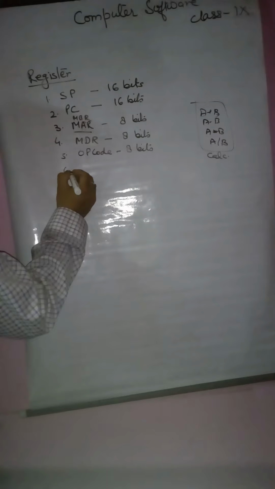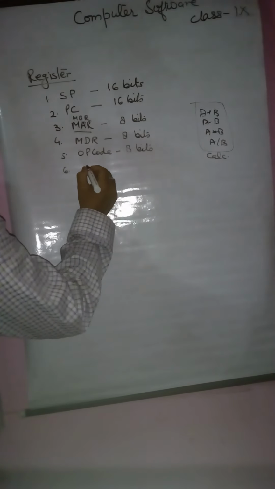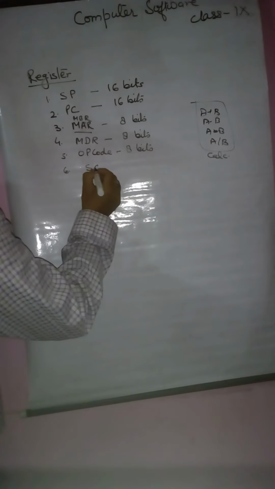Next is SCR. What is SCR? SCR is sequence counter register. What is the meaning of sequence counter register? It maintains the BODMAS rule. According to it, it sends the different data to the processor.